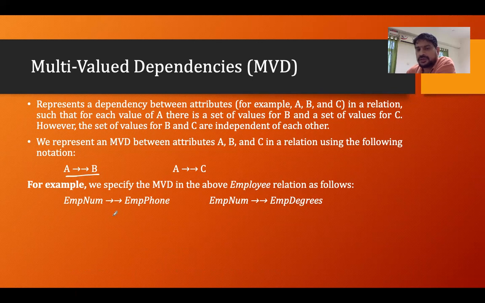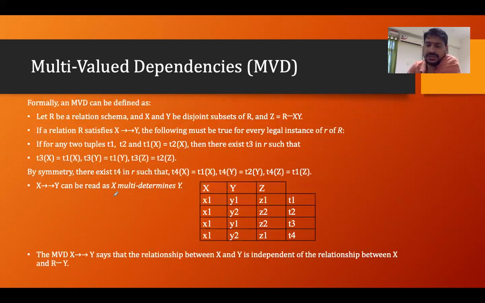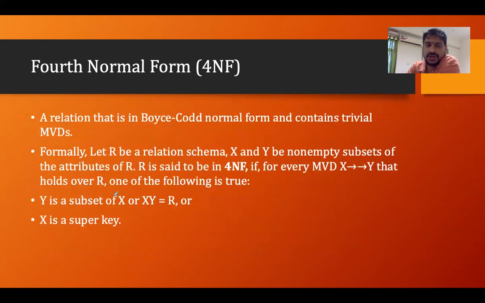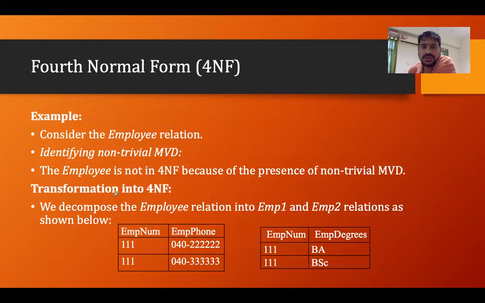In the fourth normal form, if we have a multi-valued dependency, we try to remove it. That's all. How can we do that? We can split the table. Those functional dependencies which have the multi-valued dependency will be put into a separate table.